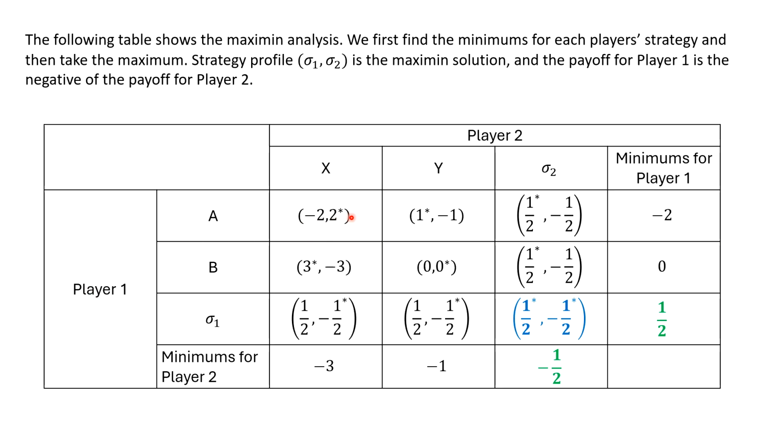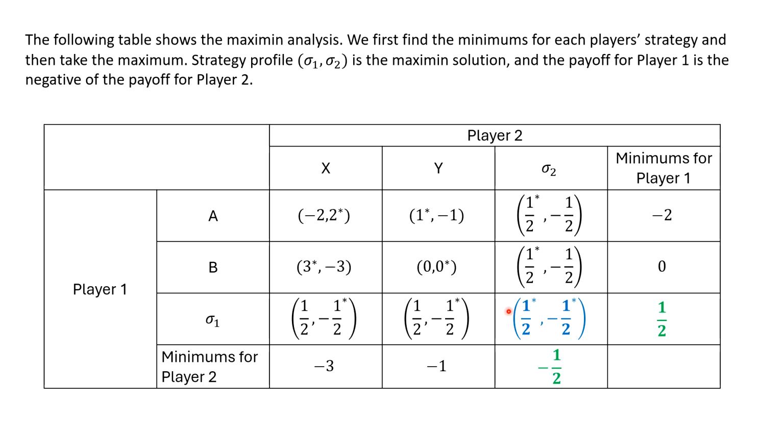The best payoff is 2 for player 2. If player 1 plays B, the best payoff is 0. And if player 1 plays the mixed strategy sigma sub 1, the best for player 2 is -1/2, -1/2. So we put a star next to all these.